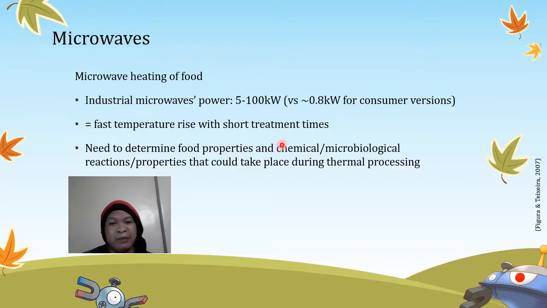Kasi baka naman mamaya kapag gusto mong abutin yung parang thermal death time target mo or log reduction ng microorganisms, baka naman yung food product mo ay nag-degrade na yung quality dahil as we know, the uneven heating and the very fast heating could cause some reactions in your food product na may be undesirable.